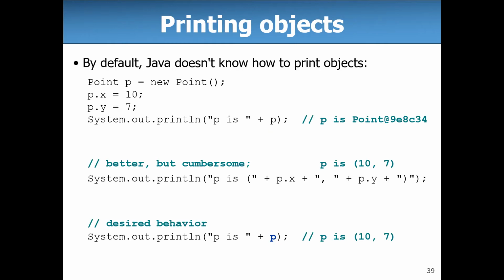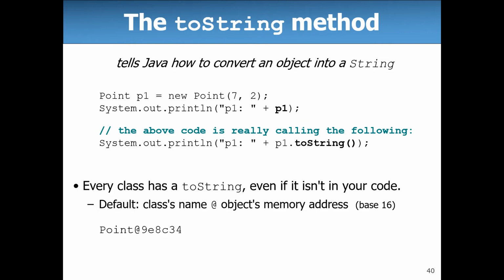So every object, as I mentioned, comes with a bunch of other methods built into it, and one of them is called toString, right? It's such an important method. Printing out an object is such an important thing, and strings are so important, we need to know how to convert any object into a string. And if you don't tell me how, I need to have an automatic way of doing so.